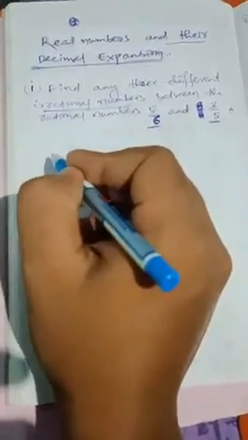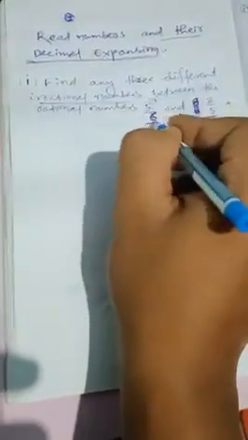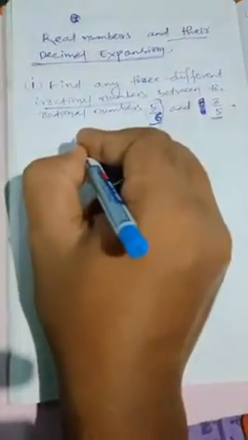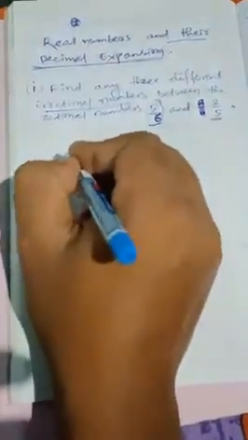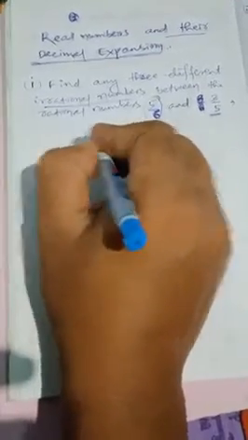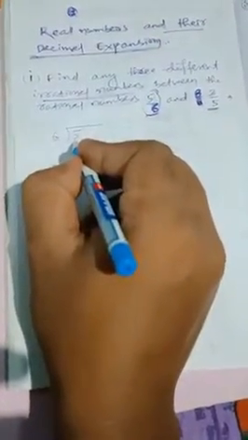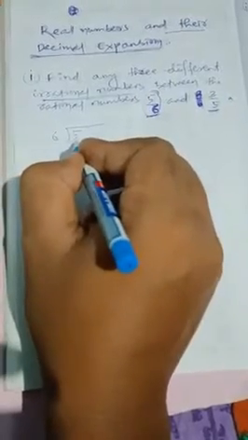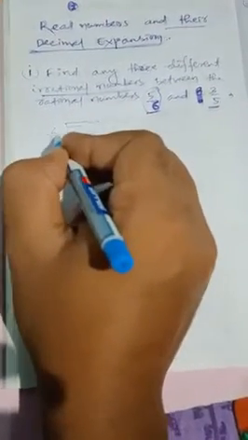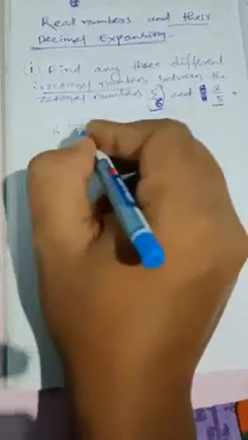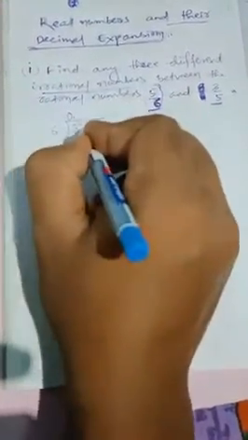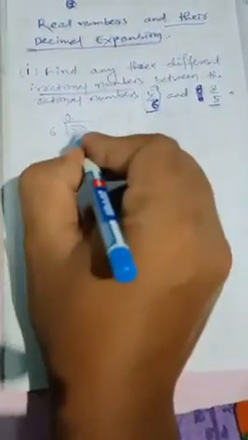First of all, to find the decimal expansion of 5 by 6, we have to divide 5 by 6. So let's do 5 divided by 6. Here the dividend is 5 and divisor is 6. The dividend is smaller than the divisor, so we have to put a decimal point here so that a 0 will come. Now it is 50.